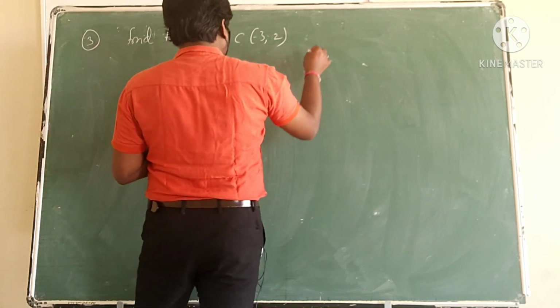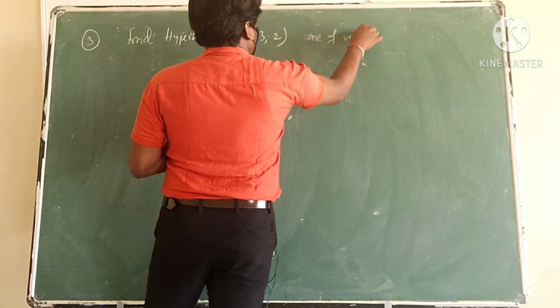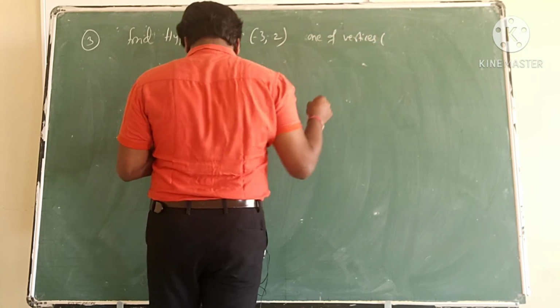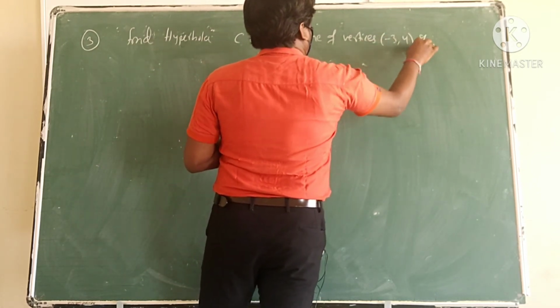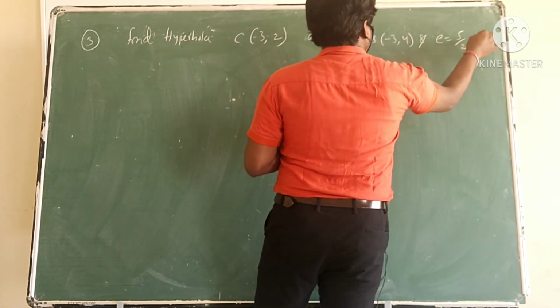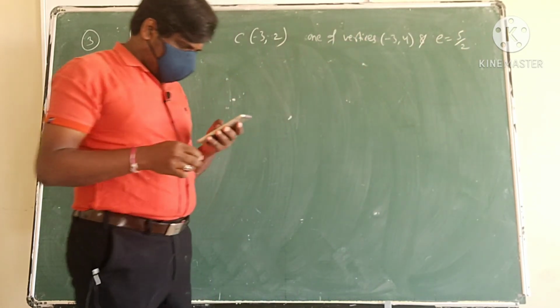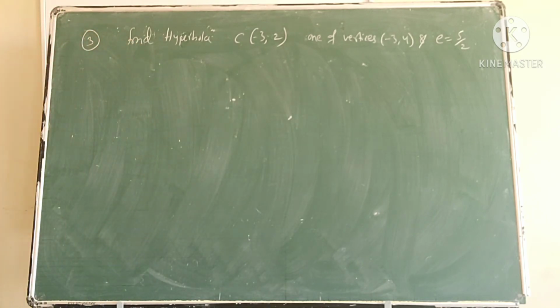One of the vertices is minus 3 comma 4 and eccentricity is 5 by 2. Eccentricity is 5 by 2. So you have to find the hyperbola.